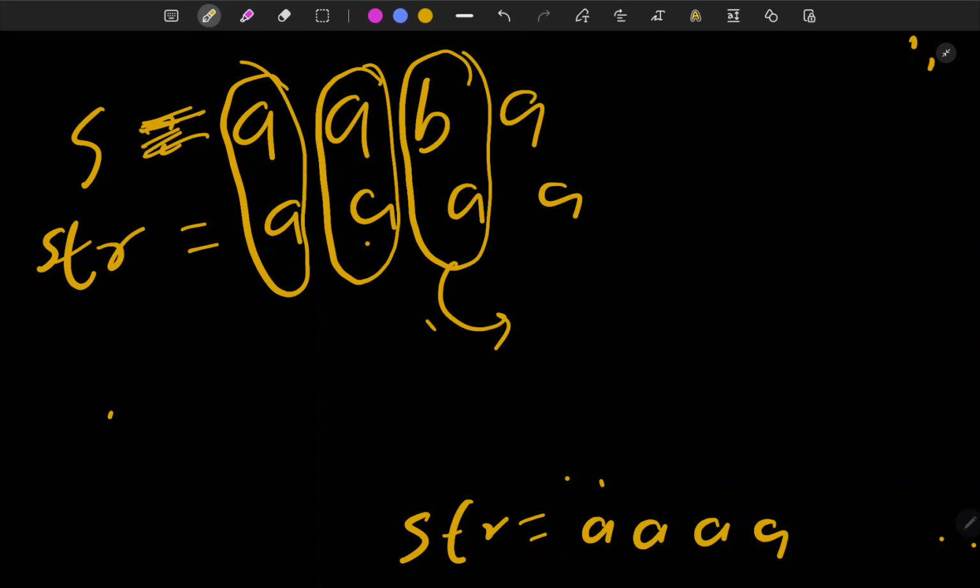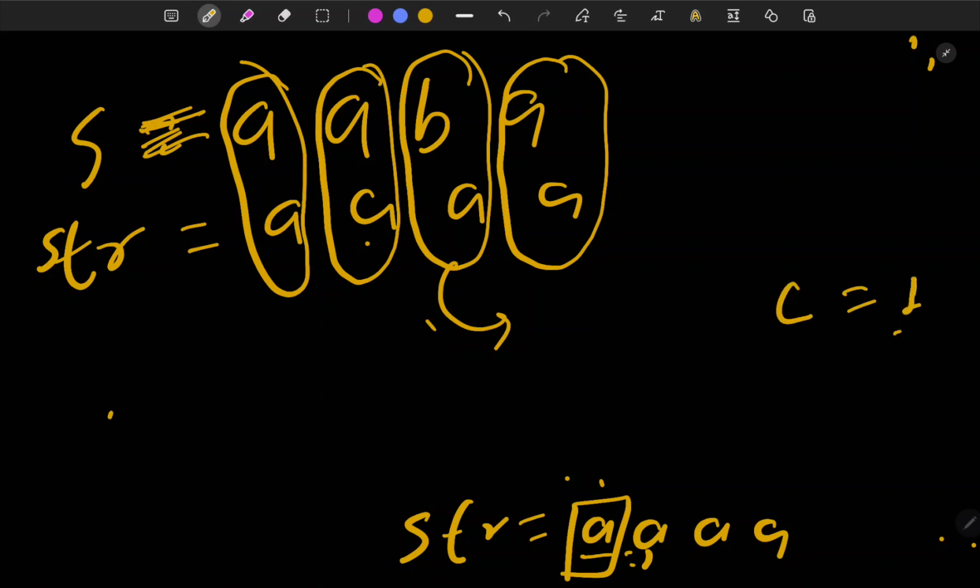So if you are getting 1, then it's good, it's normal. You can take A as a string, and that is also the smallest length that you can get, a C of length 1. Okay, so A is a possible answer in this case.